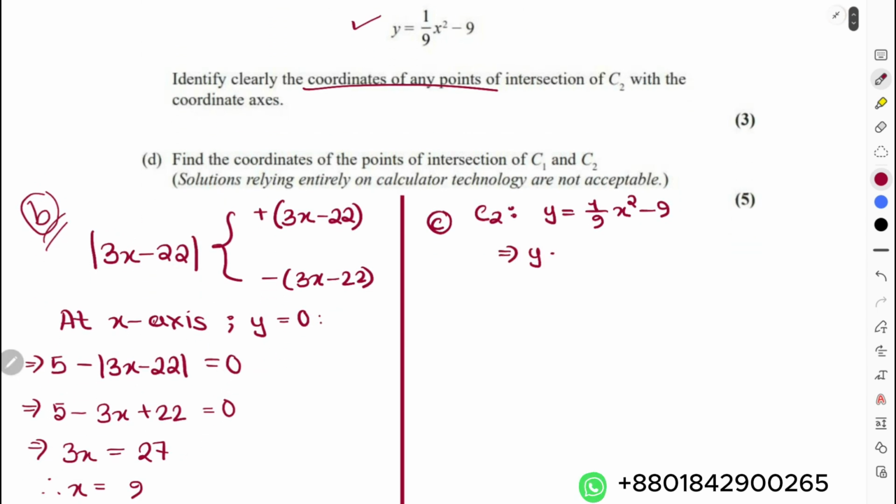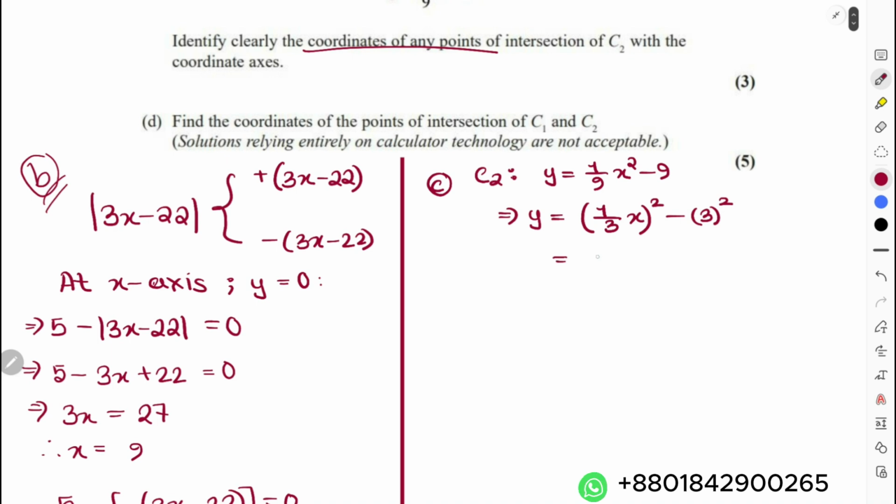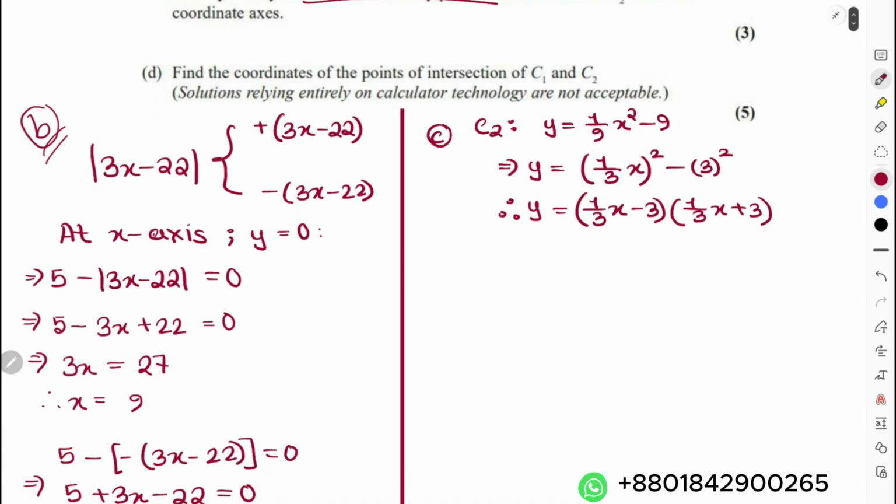So we can write y equals 1 over 3x whole square minus 3 whole square. From there I can write 1 over 3x minus 3, and 1 over 3x plus 3. That means it will be easier for you to find out the coordinates.